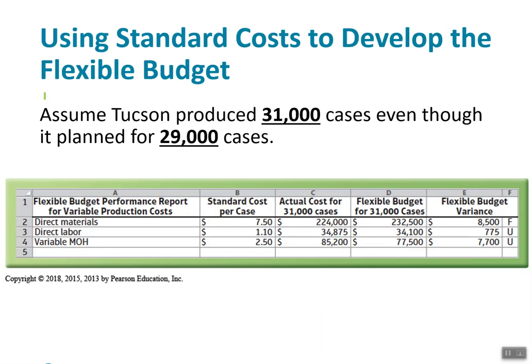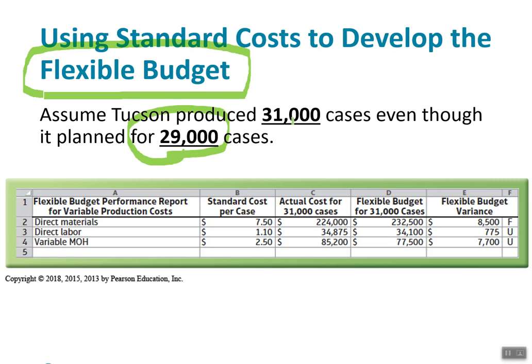All right, now, as I mentioned, we look at this from the concept of flexible budgets. In other words, not the master budget where we planned for 29,000 cases, but for the actual number of cases of 31,000.